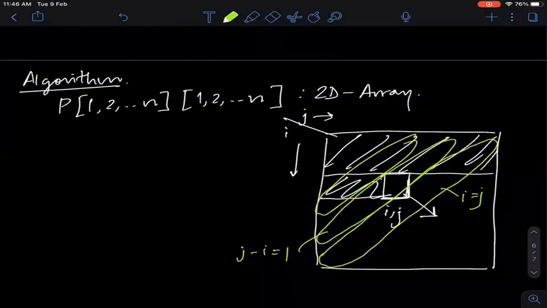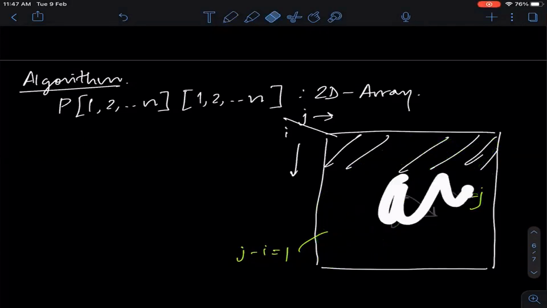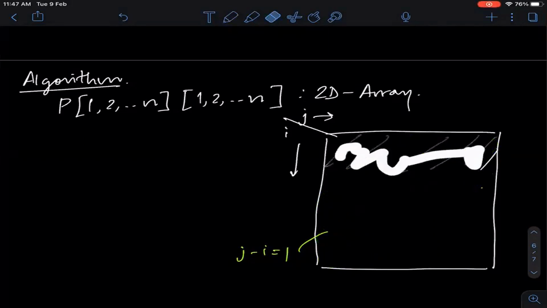Oh, so it's going to be downward? Is that correct? I need 1 comma n at the end, right? Oh, I see. Okay, my mistake. My bad. Yeah. Okay.